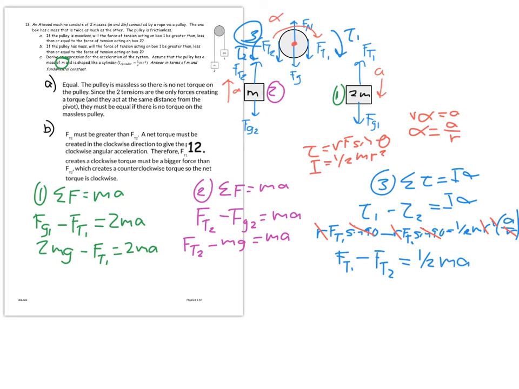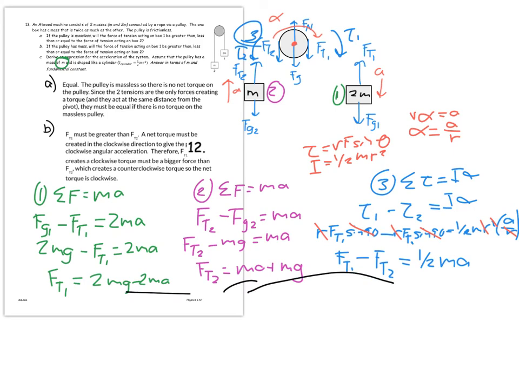I can solve for Ft1 and Ft2, so I can say that Ft1 is going to be equal to 2mg minus 2ma. I can say that Ft2 is going to be equal to ma plus mg, and then I can substitute those in and make one big equation here.